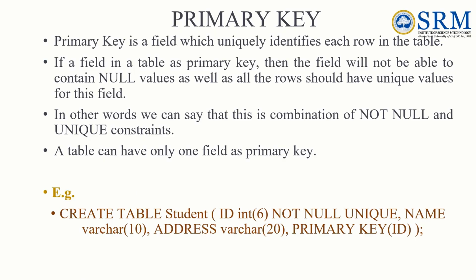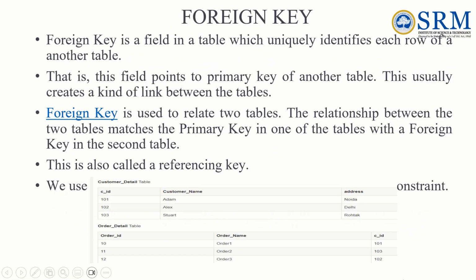Here, create table student, ID int not null, unique. This is a different constraint. Name varchar 10, address varchar of 20, then primary key ID. Here, instead, they have enforced this primary key.